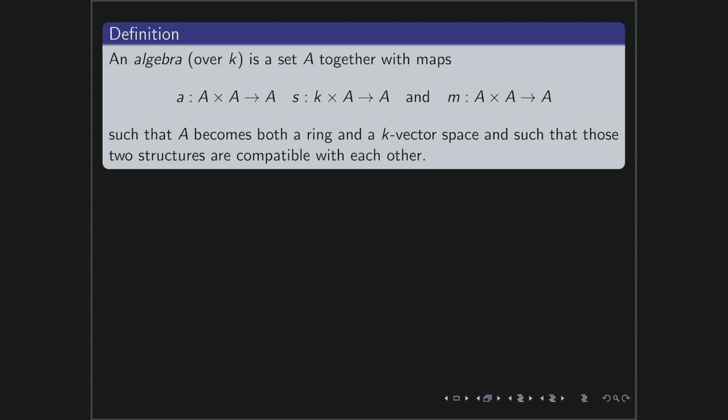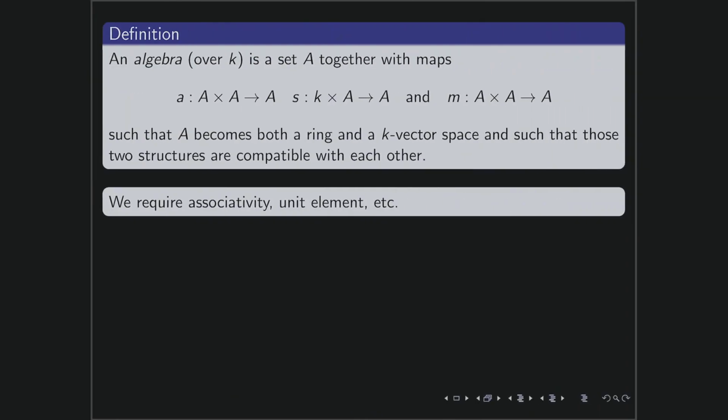And I also have some other conditions, like I require associativity, compatibility with the unit element, etc. But instead of writing this as a formula, I can also write this as a commutative diagram. A commutative diagram is just a diagram with arrows where it requires that the composition of all arrows gives the same result, no matter which path I'm going.